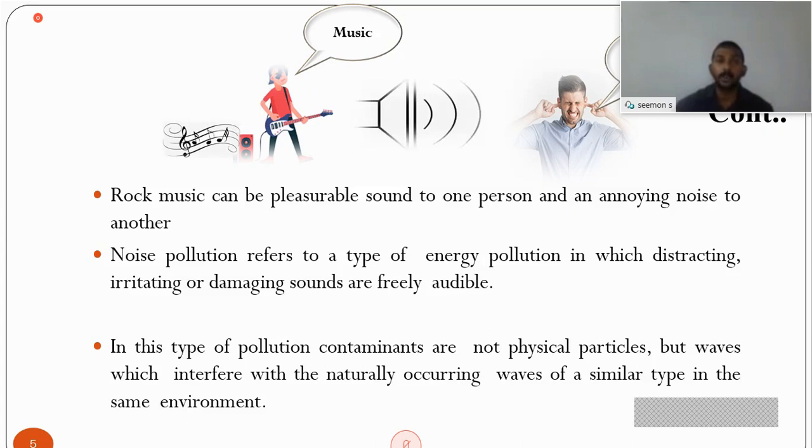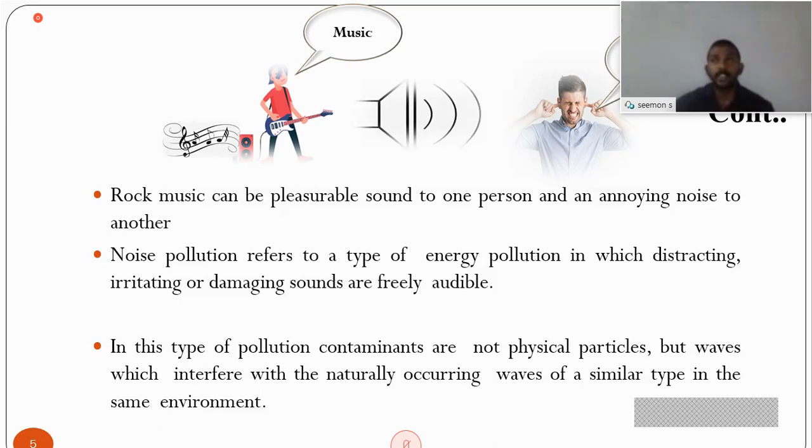That is called noise. And noise pollution refers to the type of energy pollution in which distracting, irritating or damaging sounds are freely audible, which causes irritation or distraction to other persons.